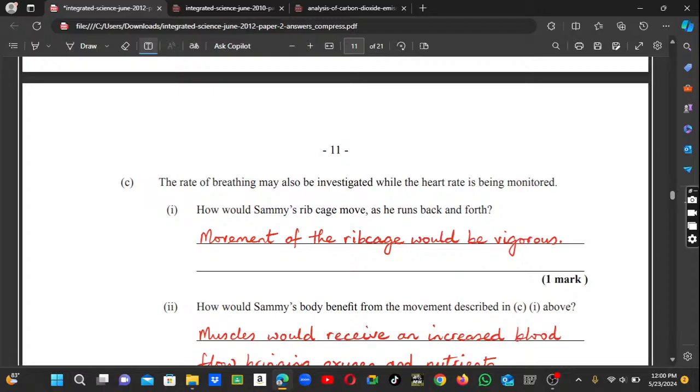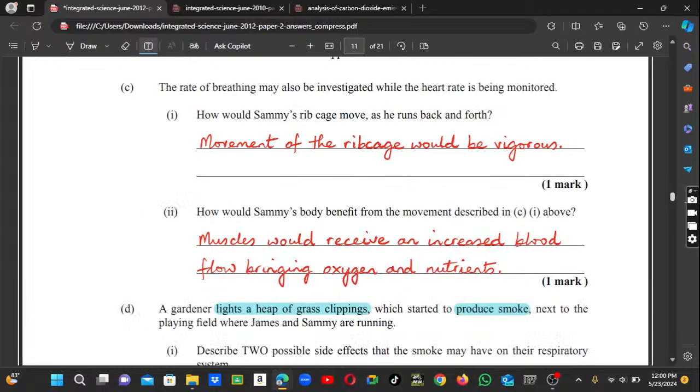We would have seen that the movements of the rib cage would be vigorous. Vigorous means the rib cage is moving in and out each time, an opposite motion. His heart is beating fast, but we are talking about his breathing motion. So the rib cage would be vigorous. All right, good. One mark for that question.